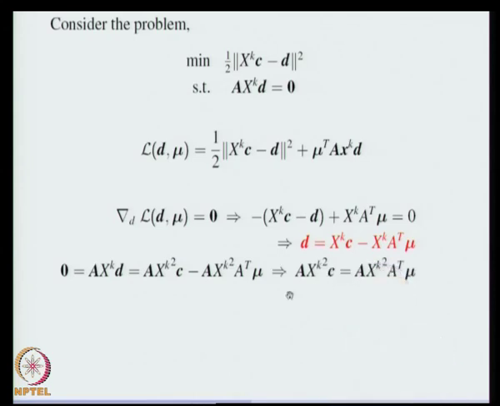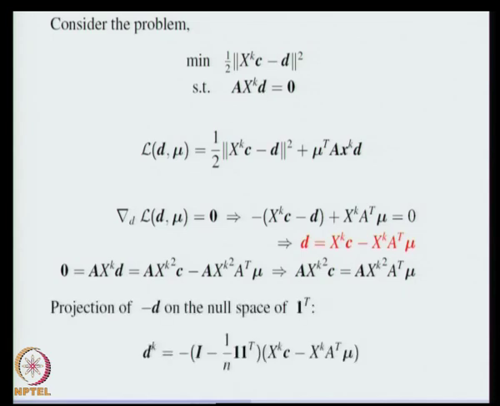So, since A is a full row rank matrix, we can invert axk square a transpose and post multiply by axk square c to get mu. And once we have this value of mu, we plug in that value of mu here, and we get the expression for d. So, finding d which solves this problem is easy, and then one has to get the projection of minus d on the null space of 1 transpose.